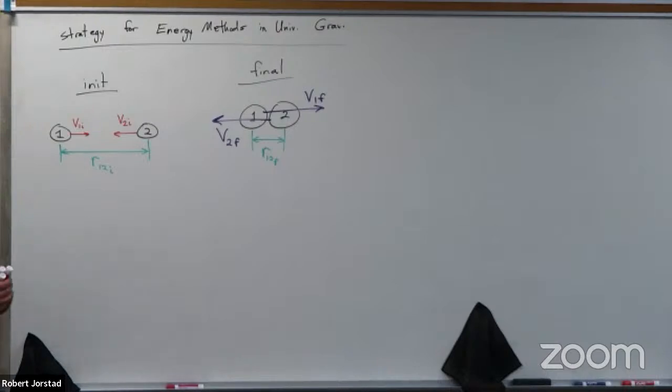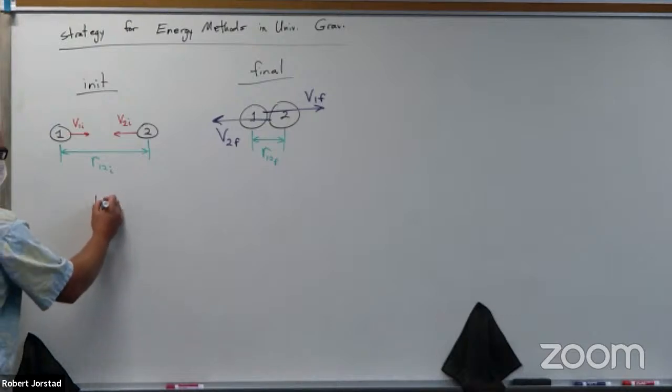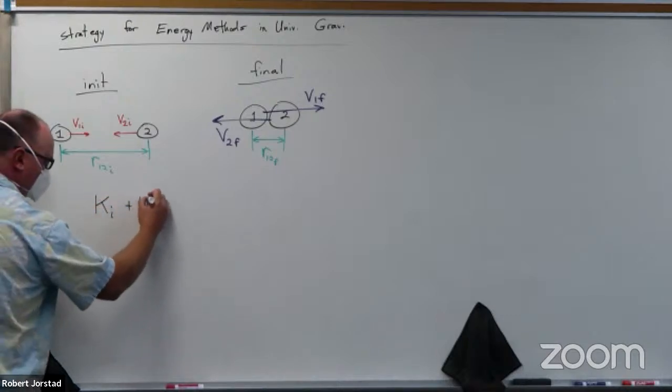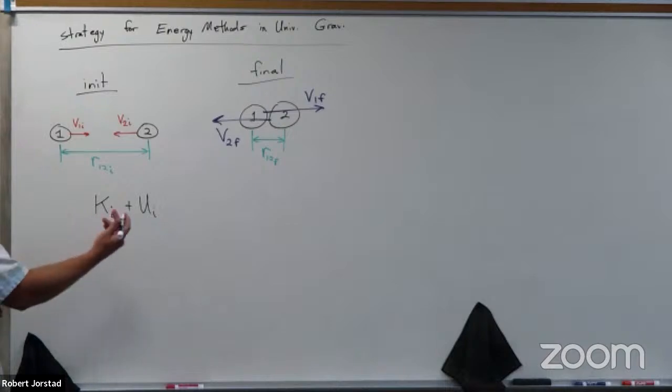And if we're trying to do energy methods, what's the general energy equation that we have from chapter 8? Does anybody remember that? Oh, you're going farther. I was going to say K initial plus U initial, and you were already plugging in. Yeah, got you.